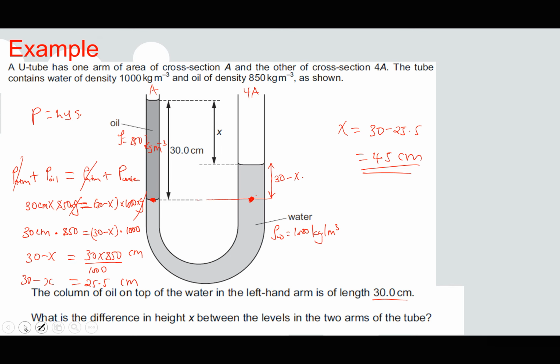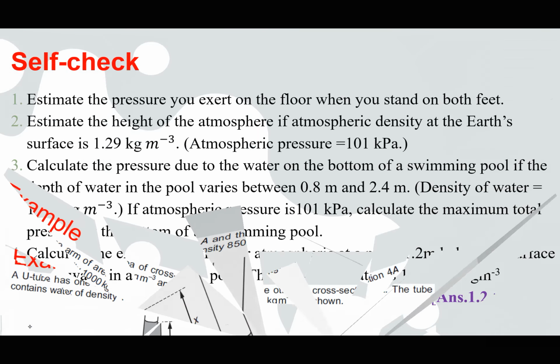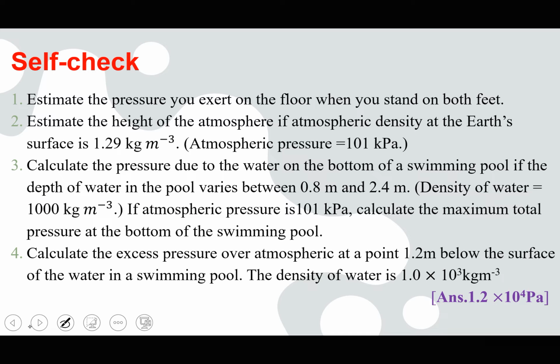Okay, so here I have a lot of self-checks for you to practice. I'll give a hint where possible. Estimate the pressure you exert on the floor when you stand on both feet. So you first have to estimate the area of your feet. You can assume that your feet are rectangular, and then you find the area of the rectangle.